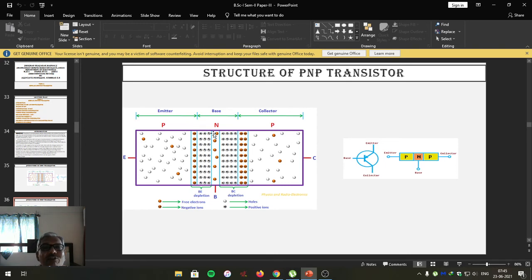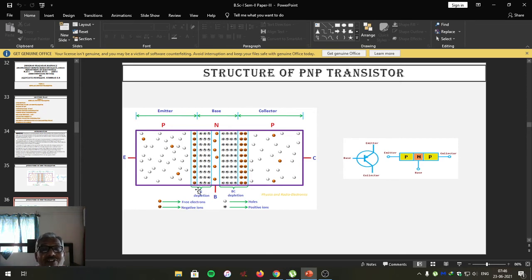Similarly, when electrons move from N region into P region, positive ions are generated due to the diffusion process. Once the diffusion process completes, further motion of charge carriers is stopped due to the formation of the barrier potential across the junction J1, or due to the formation of the depletion layer.